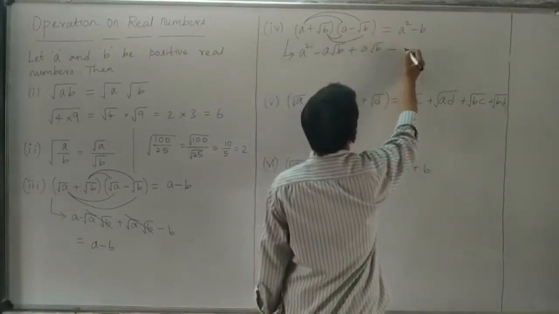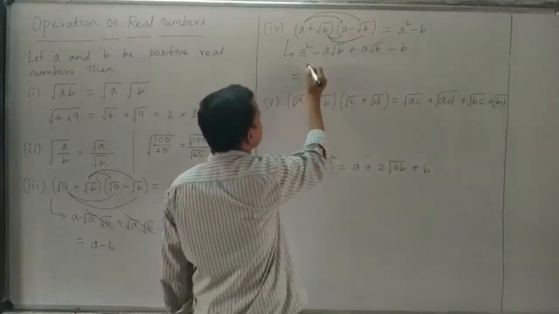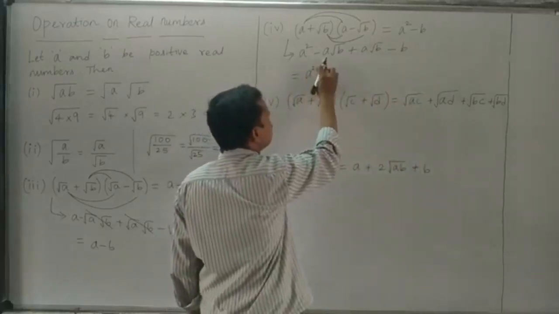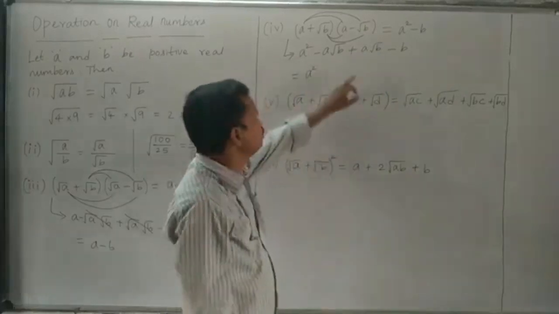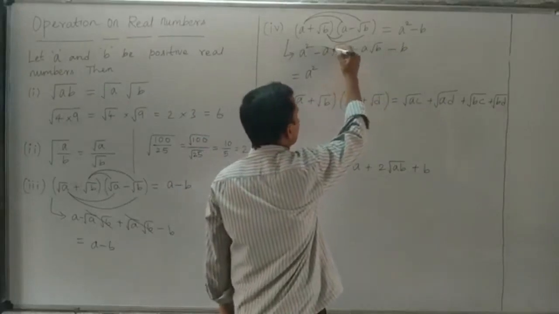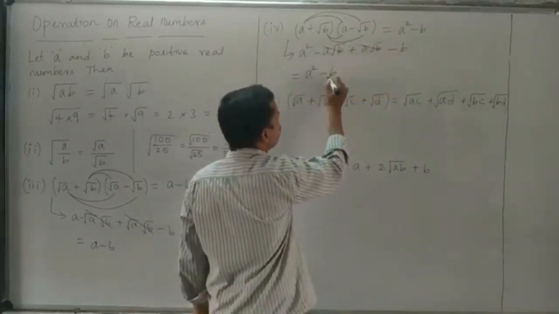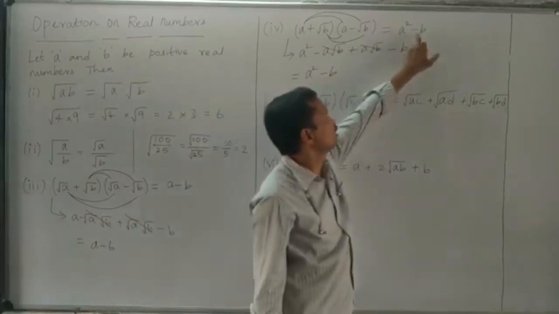Minus root B into root B is minus B. And again, what you get? This is A square, this is minus A into root B, and this is plus A into root B. Both of them get cancelled, and the remaining is minus B only. So this is A square minus B. So that is what you get on the right side.